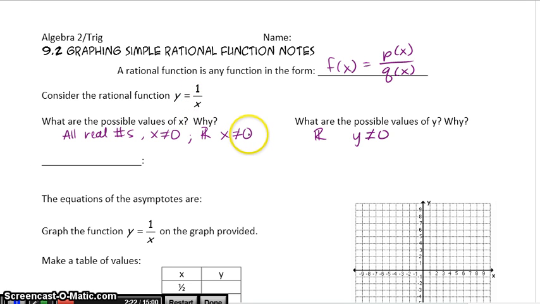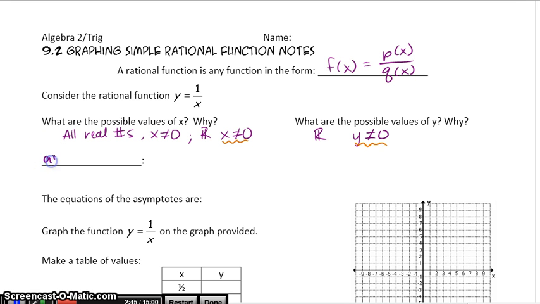The only way we would get 0 for y is if we had a 0 in our numerator, or this thing was multiplied by 0, which neither of that is the case, so we will never have a y value of 0.